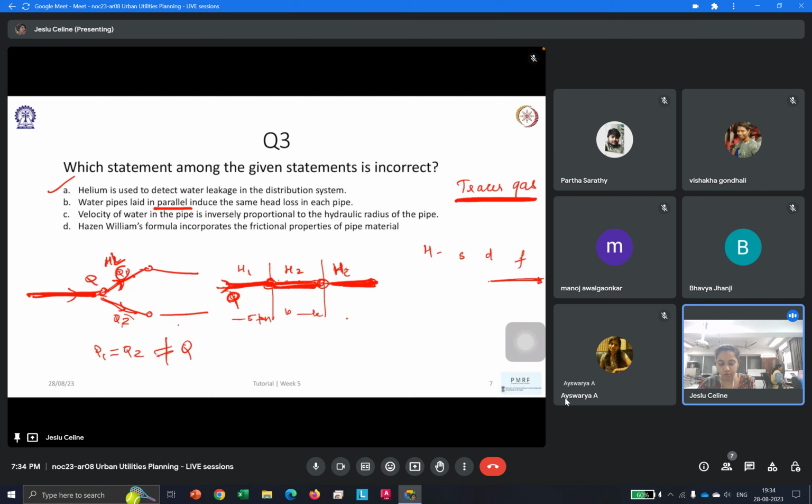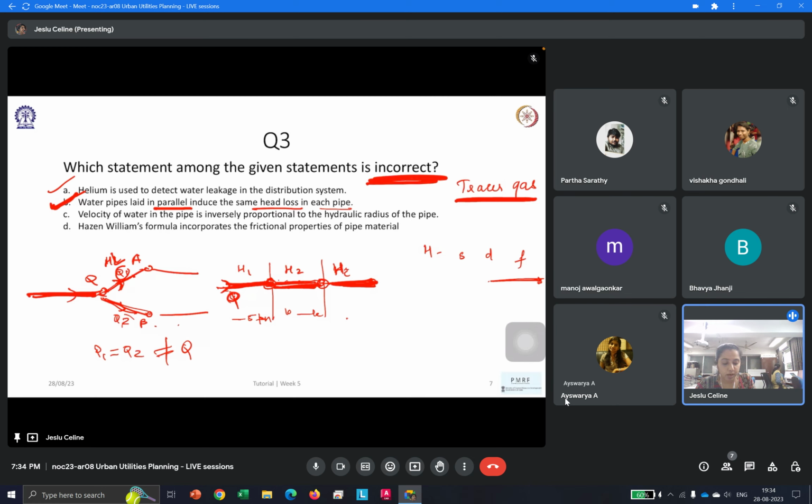The head loss in pipes A and B will be the same. So that's what is asked here: water pipes laid in parallel induce the same head loss in each pipe, which is correct because the distance traveled from that point is the same. The head loss remains the same, but your discharge is what changes. So this is the correct answer.